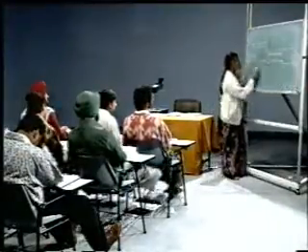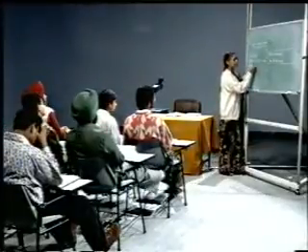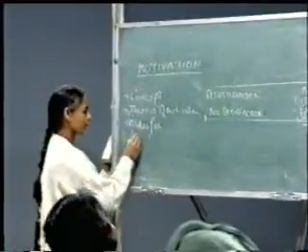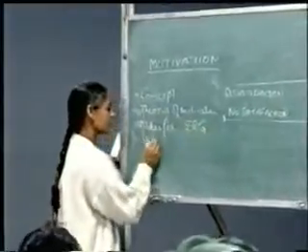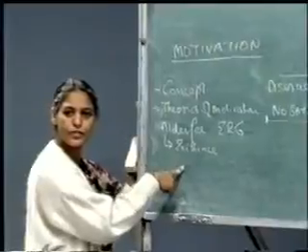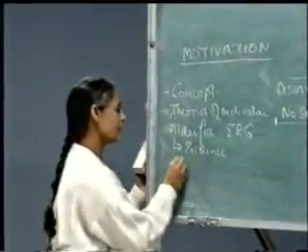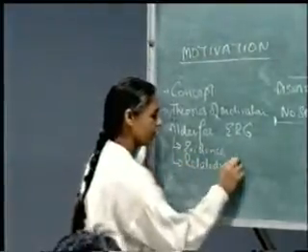A similar type of 3 needs is given by Alderfer, and according to him, you have ERG theory. He says there are existence needs when you look for physiological needs, safety needs, security needs. Then there are relatedness needs, right?